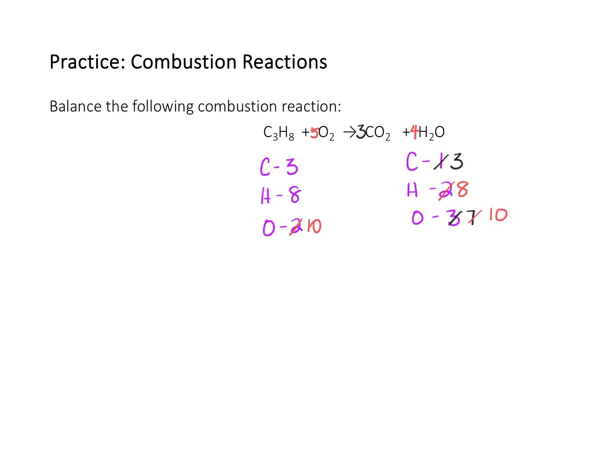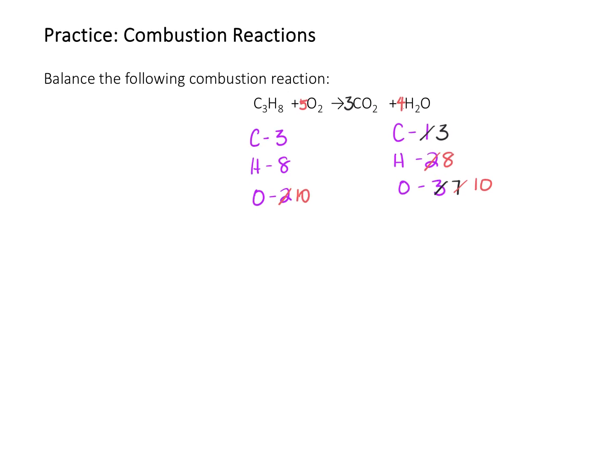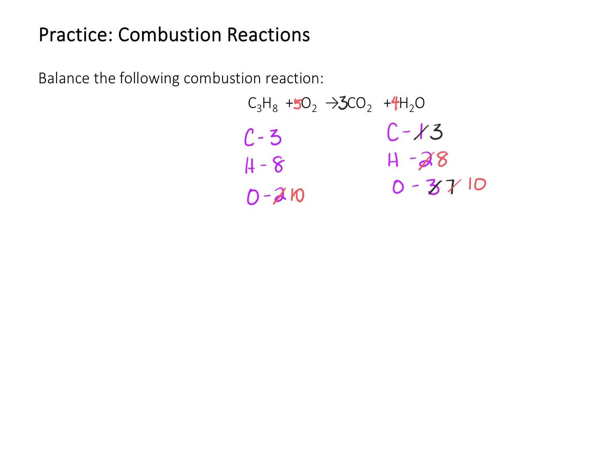Now, I want you to notice the last two examples that we've done, the number of carbons have been odd, okay? If you have an even number of carbons in a combustion reaction, sometimes that can just be a little bit more challenging to balance.